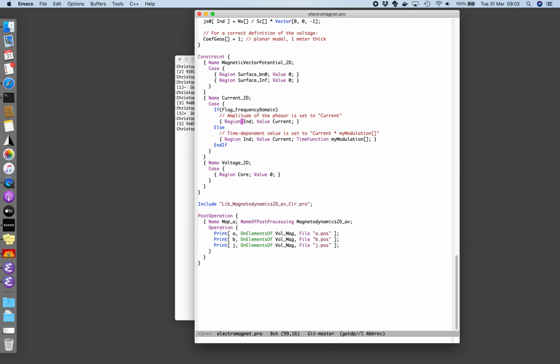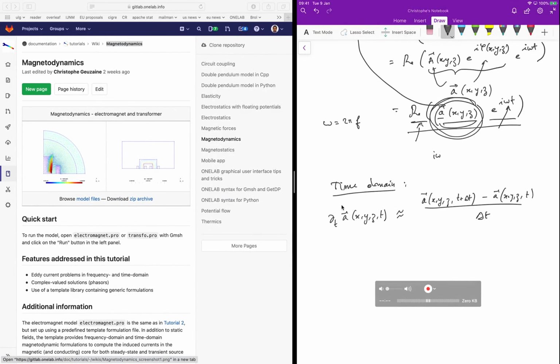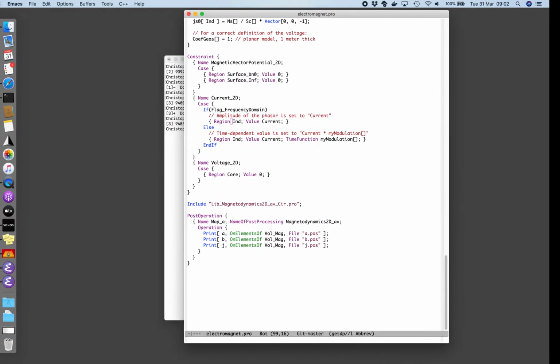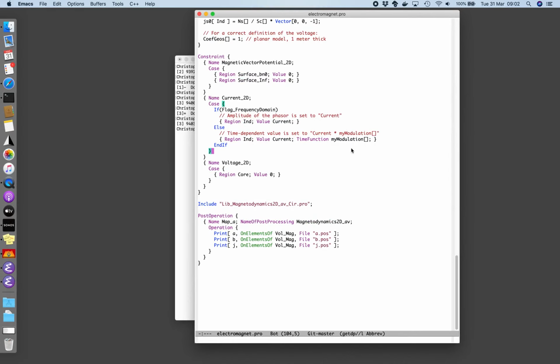So in the frequency domain, if I go back, what I impose is this, but not for A, for the current, the global quantity. In the time domain, I can impose that, but then I need to impose a time variation. This is done with this time function, which here I call my modulation. So what I will impose is current times my modulation.